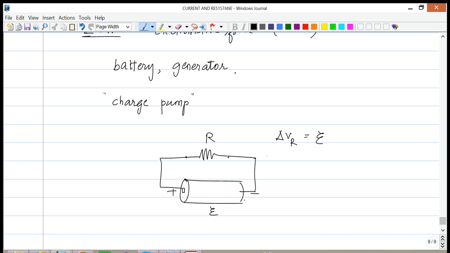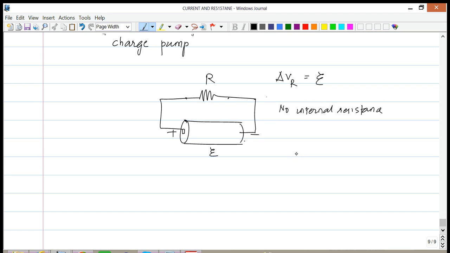What you're also assuming is that the connecting wires have negligible, basically zero, resistance. If the battery has no internal resistance, then the load, the resistor, ends up getting the full EMF. So the voltage across the resistor will be the same as the voltage across the battery.